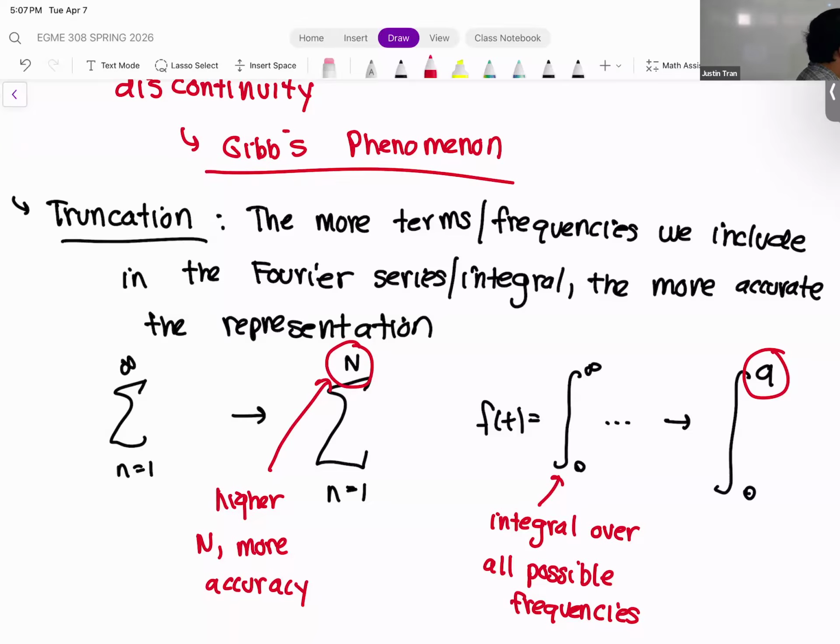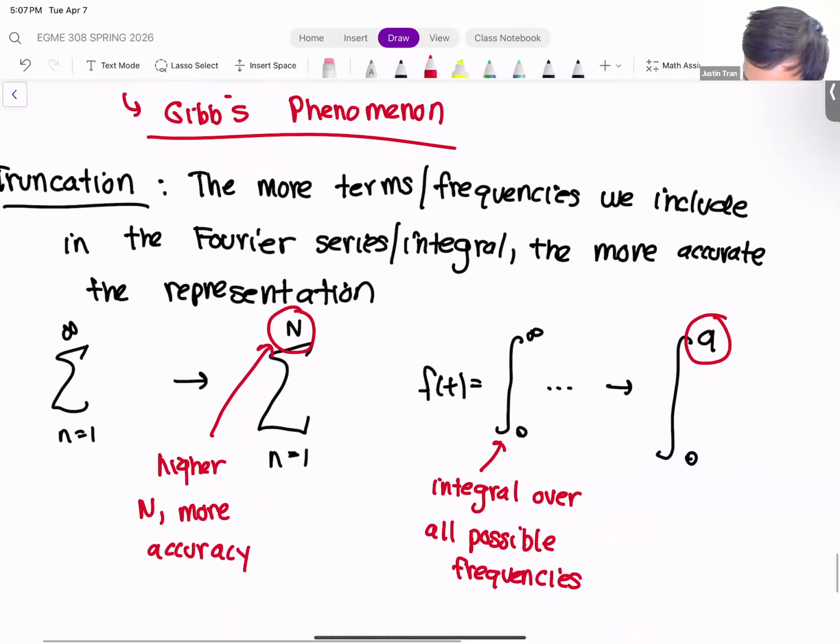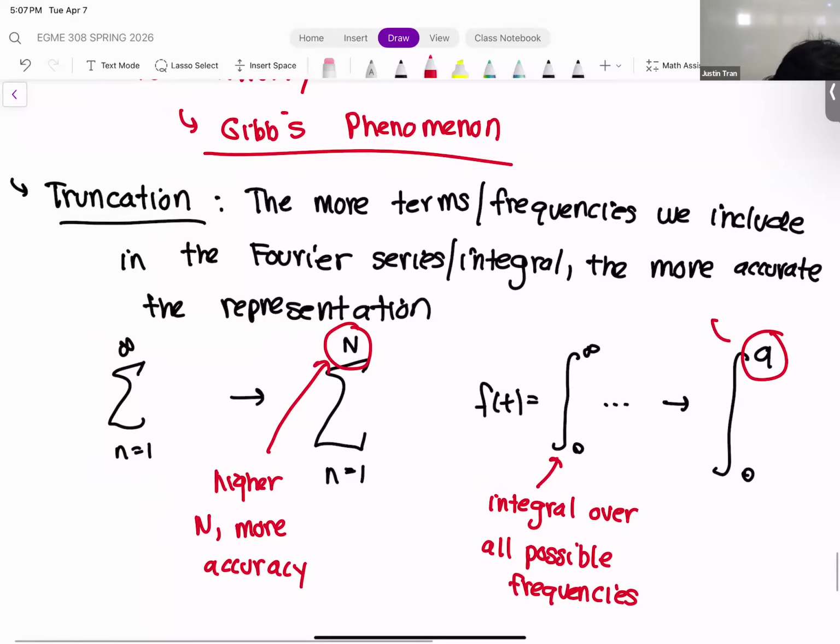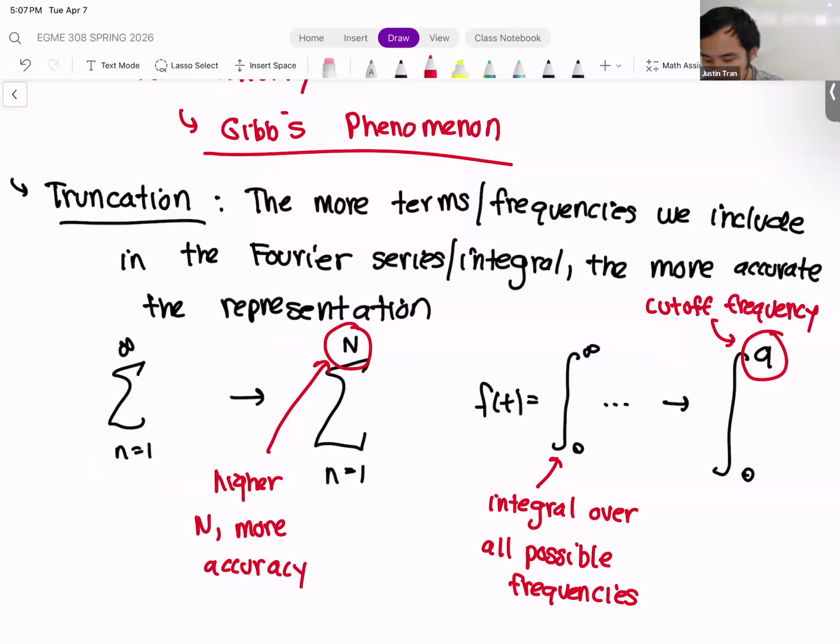We call A here the cutoff frequency. And then same logic as with the Fourier series: the higher your cutoff frequency, the more accuracy that you can expect.